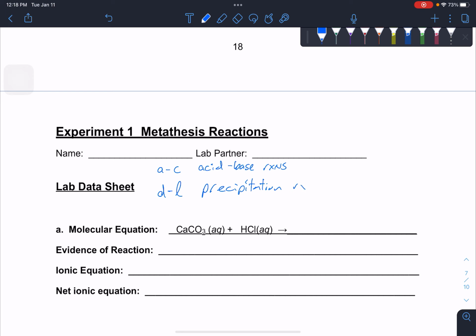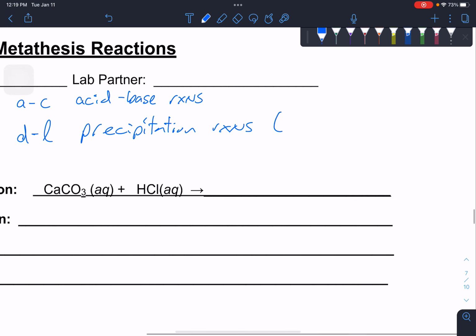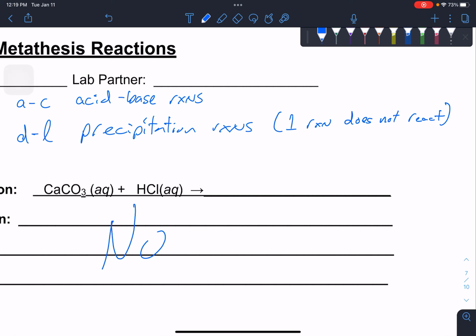And I'll just go ahead and tell you, one reaction in that group does not react. For that one, you don't have to fill out any, you can just put no reaction over the whole shebang, once you've identified it.